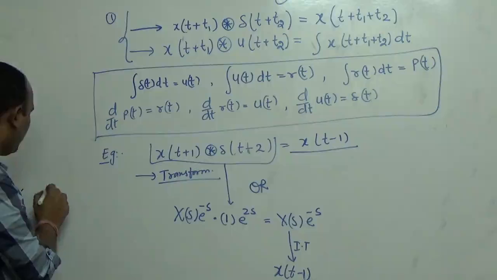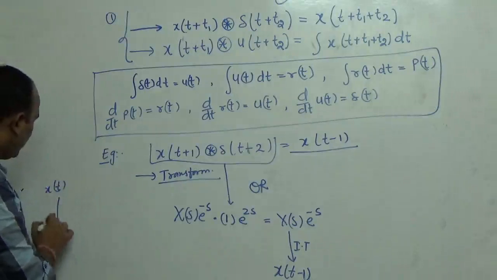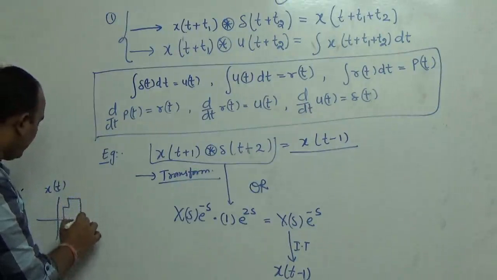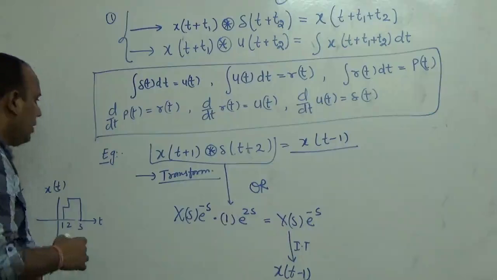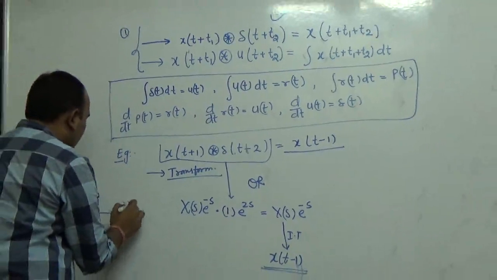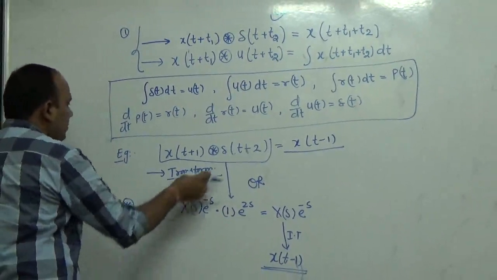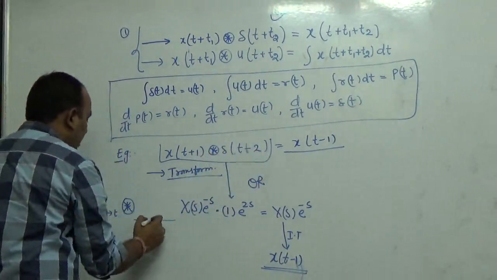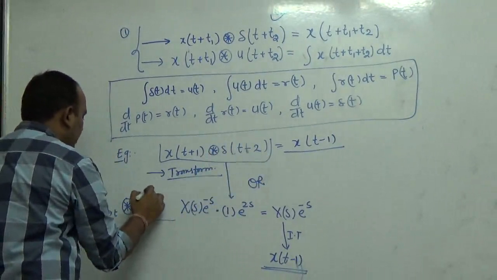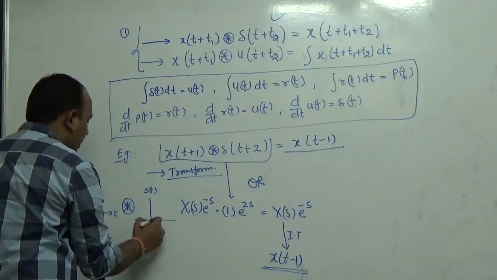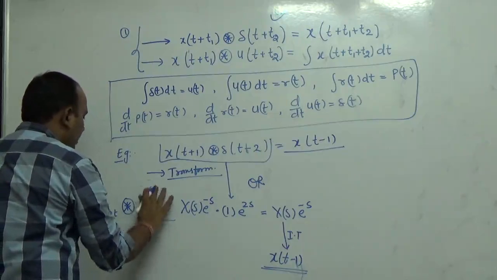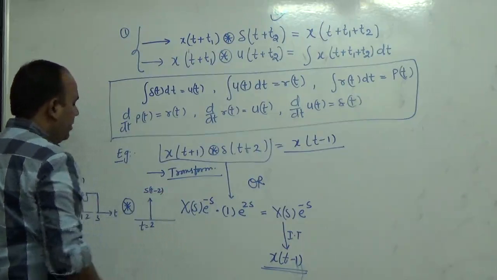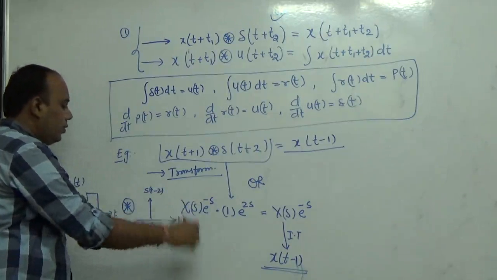Just assume any function x(t), from 1, 2 and 3, and you have to convolve this with δ(t-2). δ(t-2) means the delta function is available at t equals 2.